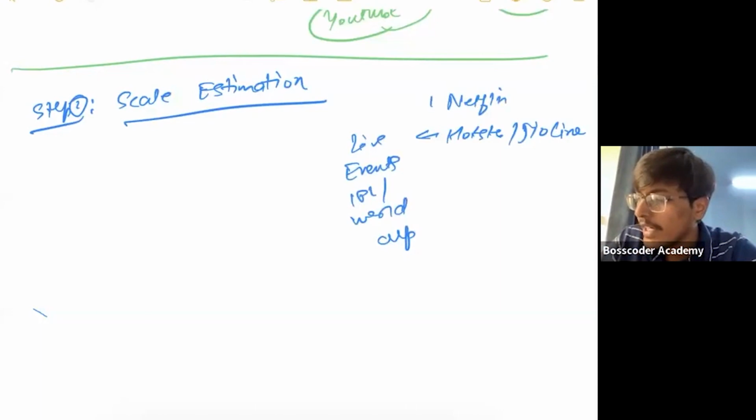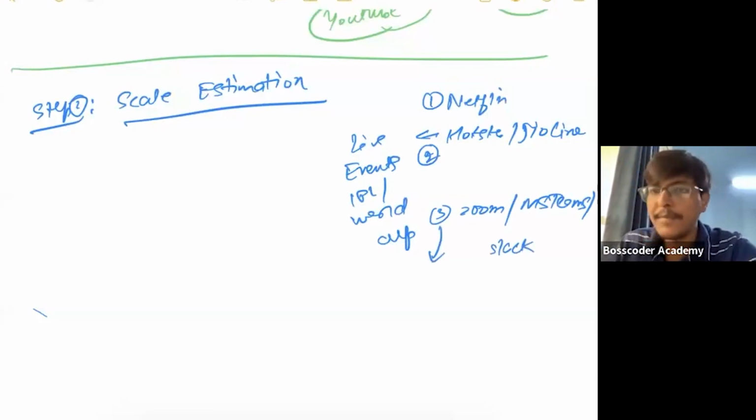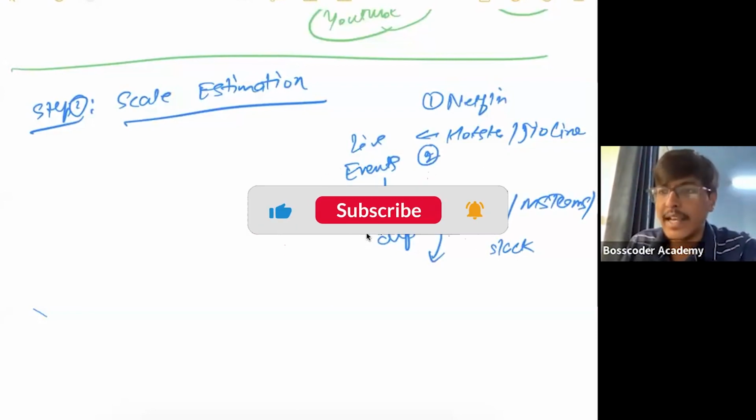These are also one type of systems. How do you go about doing Hotstar or live systems? There are also systems like Zoom, MS Teams, or Slack, which do live interaction, or peer-to-peer interactions. So this is also a separate kind of design.